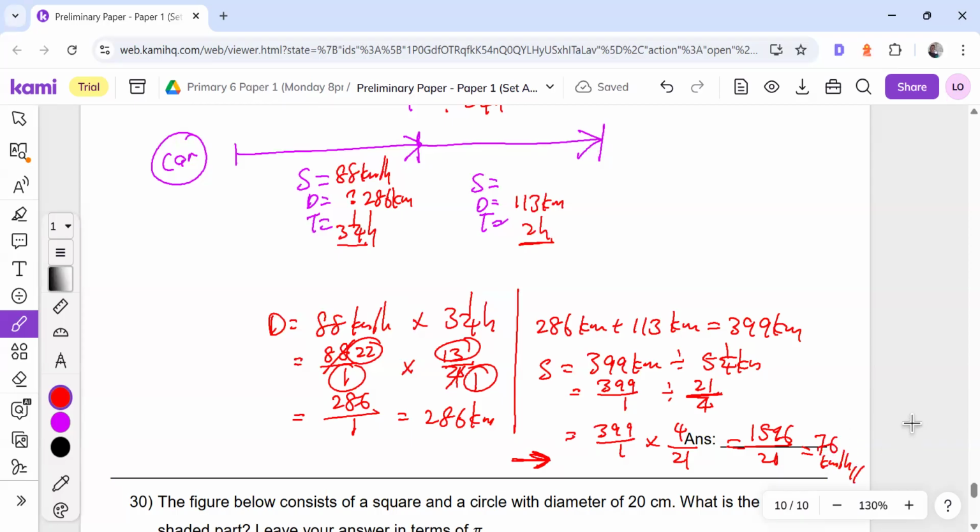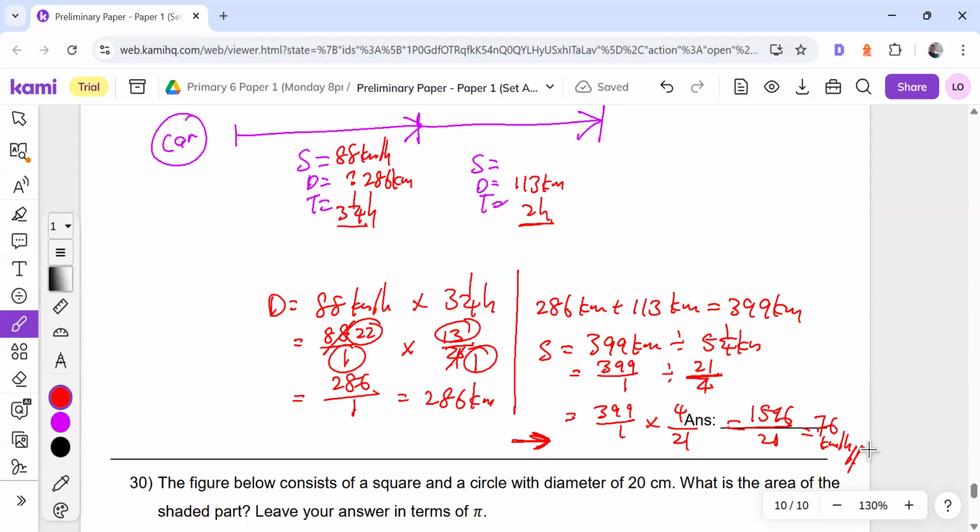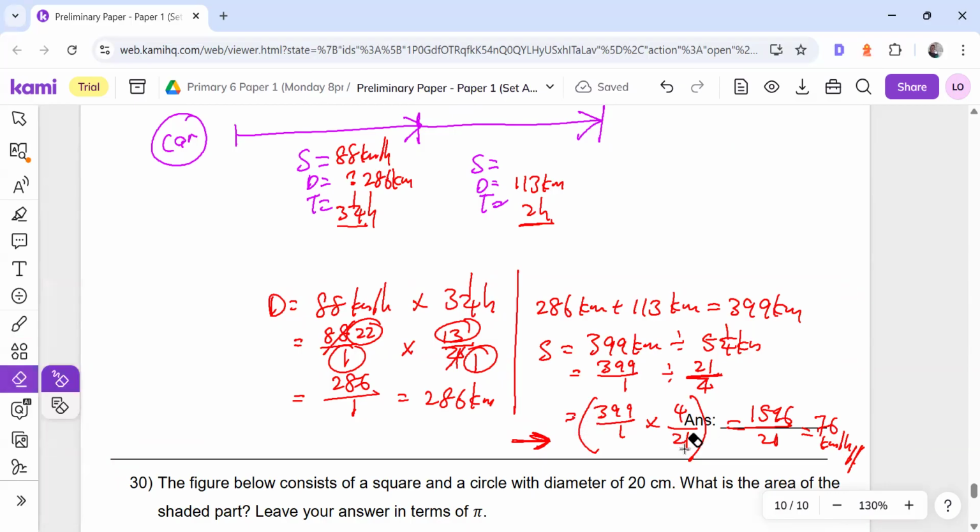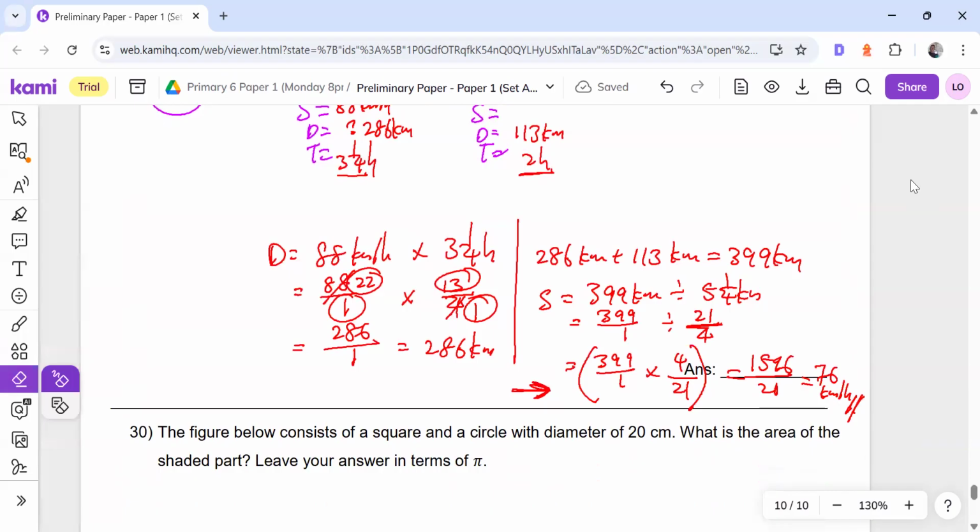So that's the average speed for the entire journey. Okay? Yeah, so don't worry about this part. But how do you cancel? You have to divide by 3, then keep dividing by 3 until you get the smallest number. Okay? But we will skip that because we don't have enough time.